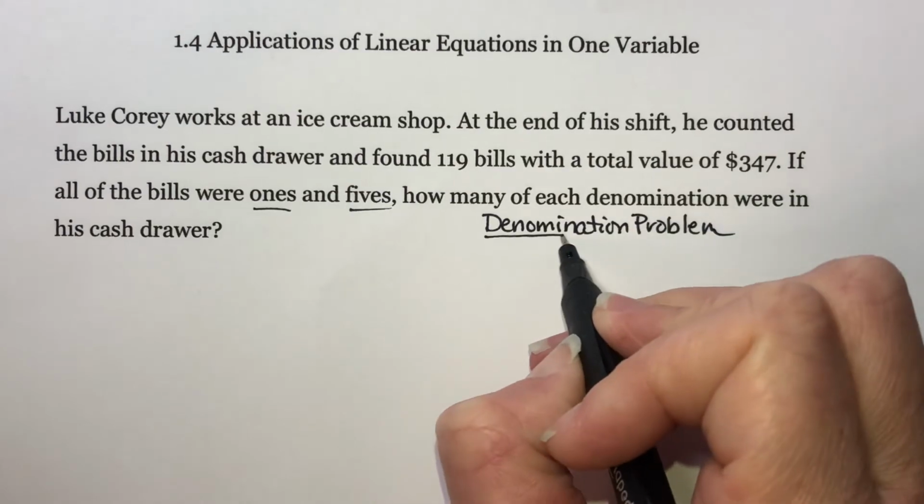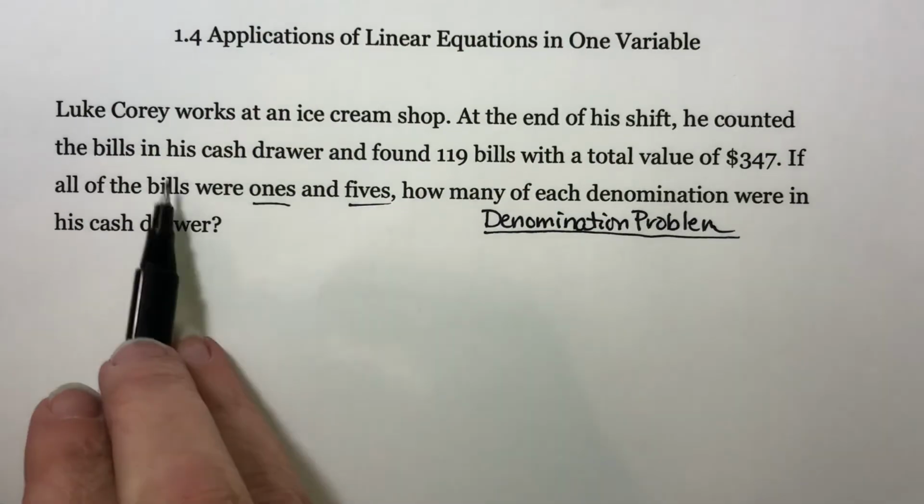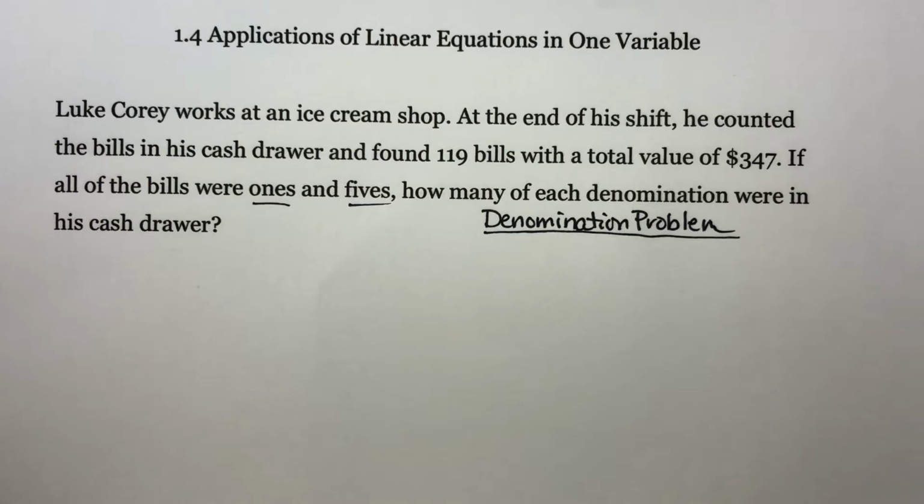You use this anytime you have some sort of physical object that is worth a certain amount of money. Bills, of course, it could be coins, it could be tickets to a baseball game, because you'll have a physical piece of paper that's worth a certain amount of money. Stamps, those kinds of things.